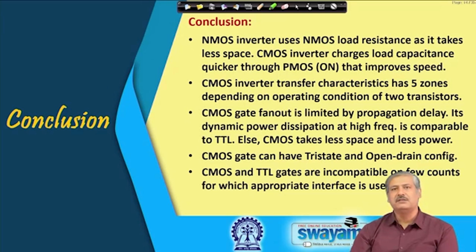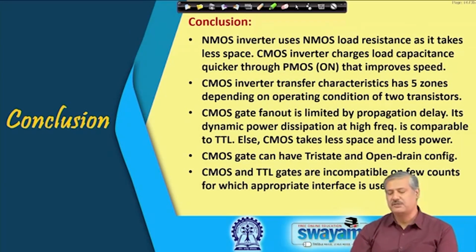If you look at the transfer characteristics, there are 5 zones depending on the operating condition of the 2 transistors, whether they are conducting or not, and if conducting, whether in linear region or saturation region. The fan out is not limited by the amount of current, but by the propagation delay we can tolerate, because more such gates connected means more capacitances in parallel.